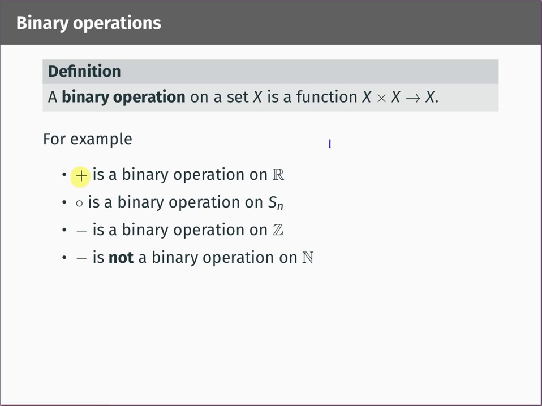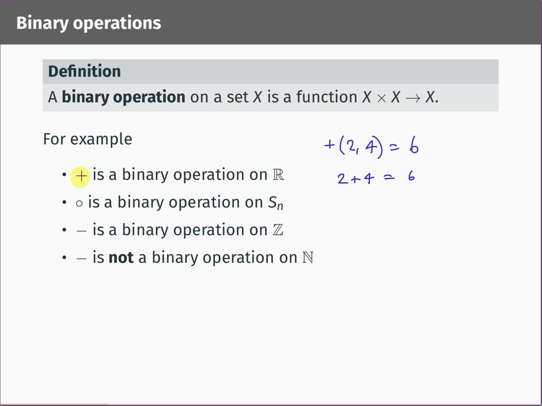So we don't write, for example, plus 2, 4 to be equal to 6. Instead, we usually write 2 plus 4 equals 6. But there's no difference between those two things other than a piece of notation. We use what's called infix notation when we write the plus in the middle like that. So all these things really are just functions.